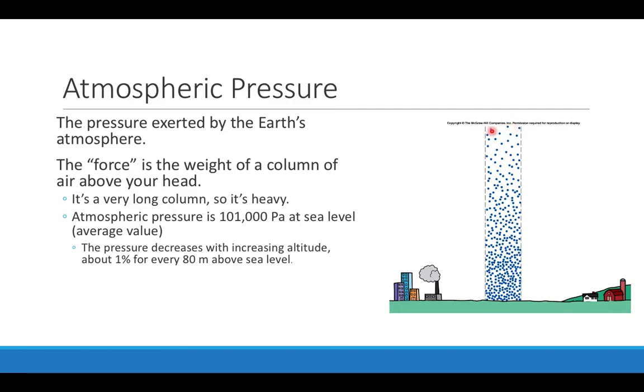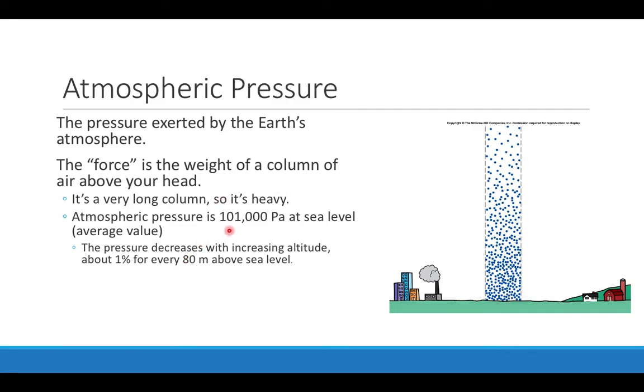So if we were to look at 1 meter squared surface area on the ground, and we were to measure the column of air going up and figure out the weight of that column of air in a volume, right? This column of air has a particular volume because it's a cross-sectional area on the bottom of 1 meter by 1 meter, that we could weigh that air, and then we would know the area of the surface here, and we could measure the pressure.